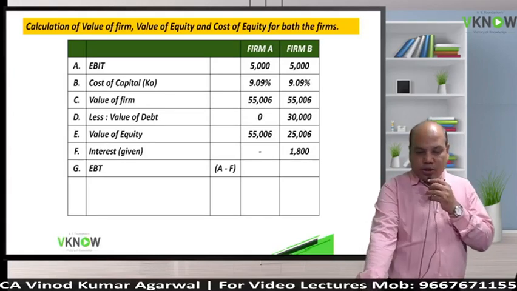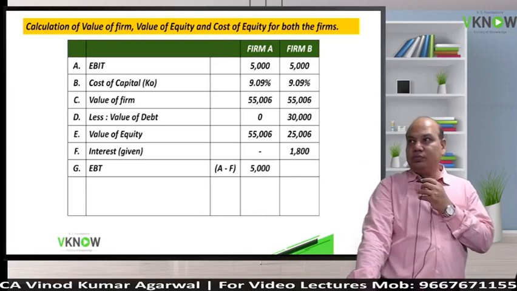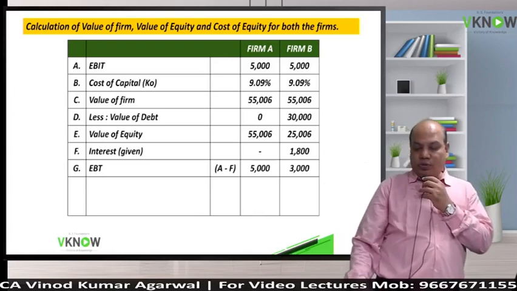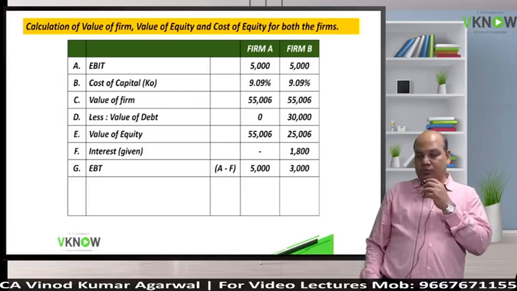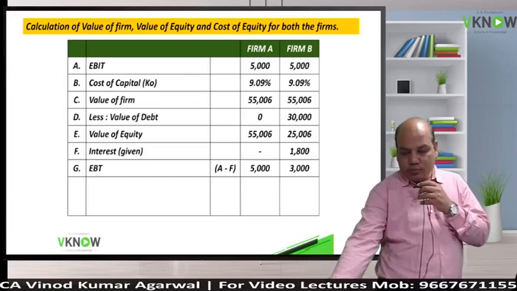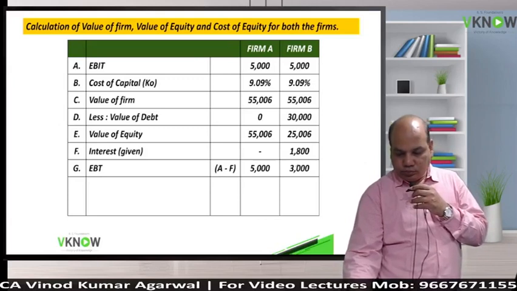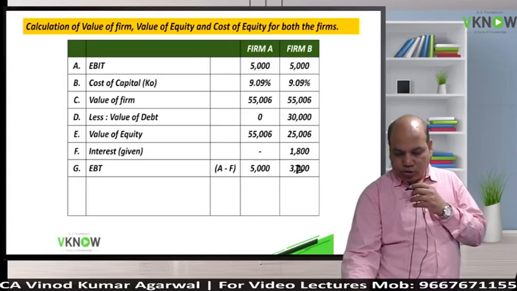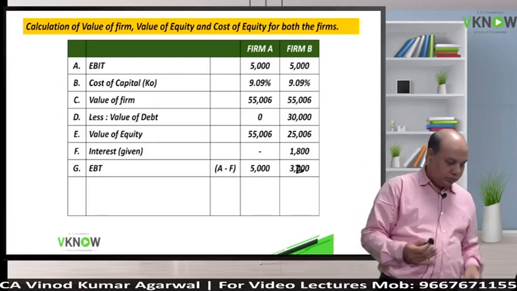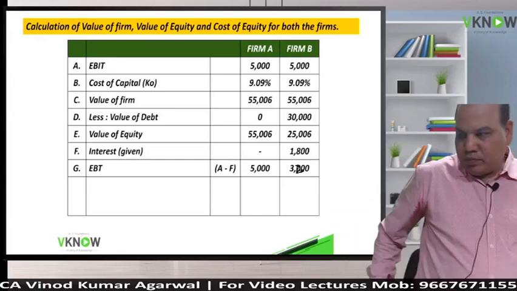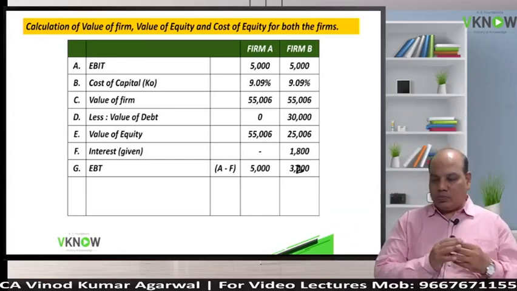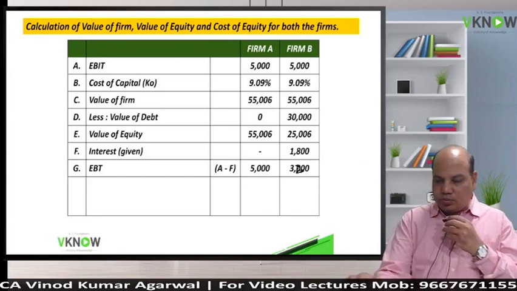So EBT will be 5,000 and 5,000 minus 1800, 3,200, right? 3,200 is right. So now this answer is over, value of equity.